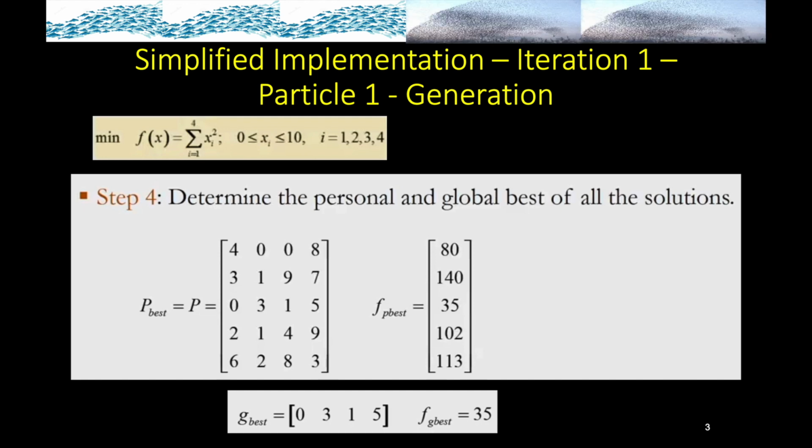In this case, since we are minimizing the problem, we'll take the particle which has the minimum FP best value. If you compare the 5 values, 35 is the lowest value, and hence 0315 is the global best of all the particles. Note that the global best here is the same as the personal best of particle 3.